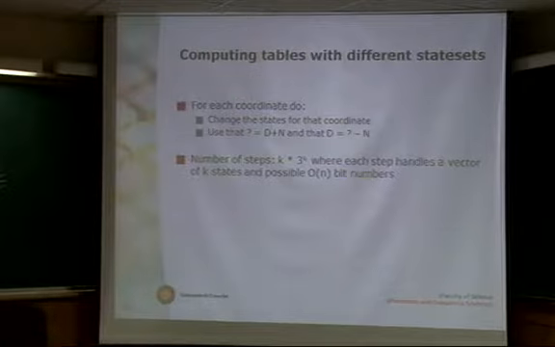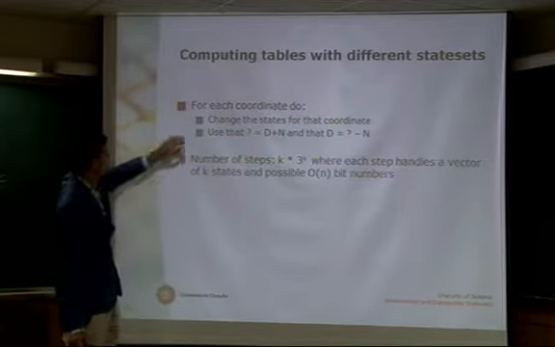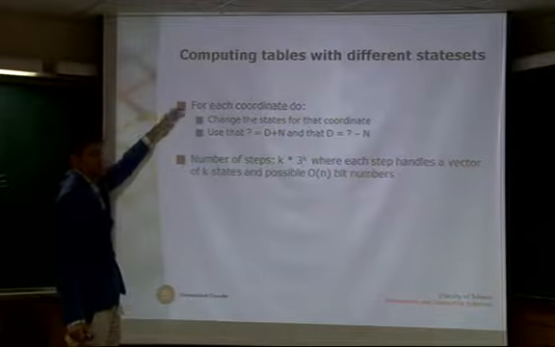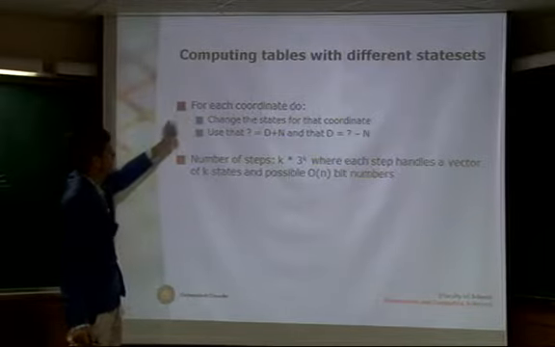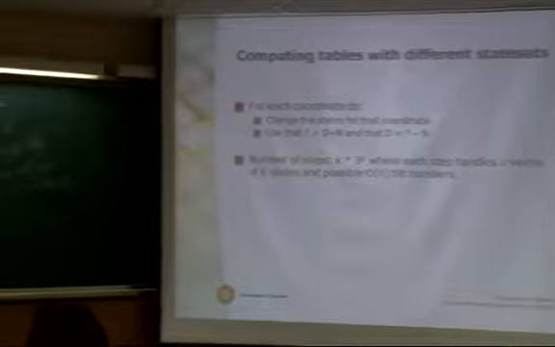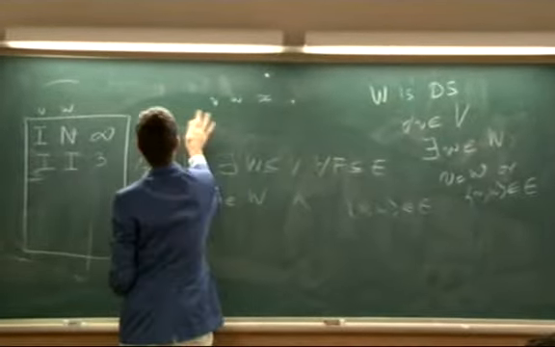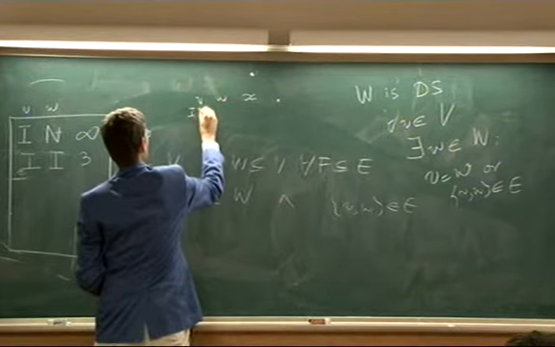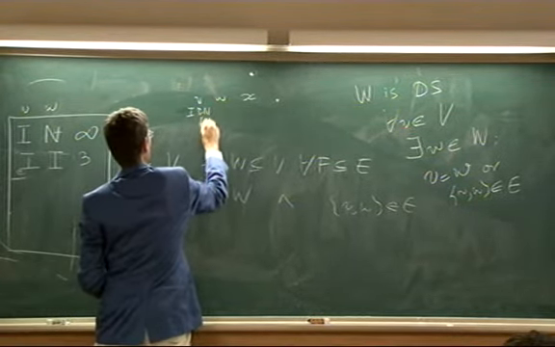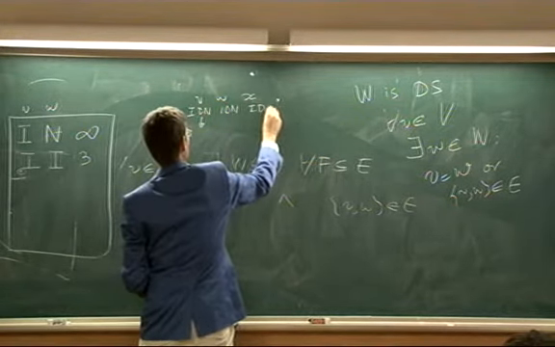So it's just convolution. What I do is, for every vertex or coordinate in a table, I just change the states for that table. So if I have 3 vertices, V, W, and X, suppose I want to go from a table which has states I, D, and N to one with states I, D, and question mark.